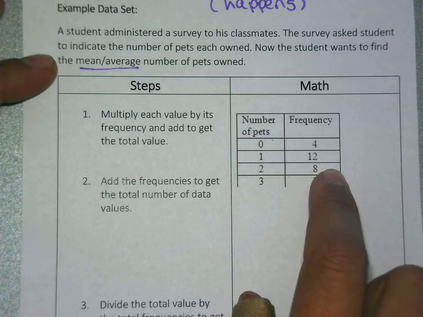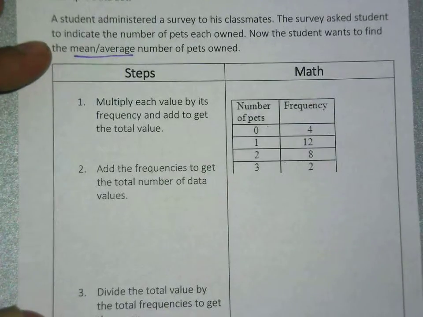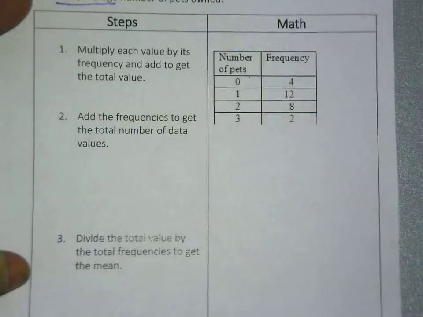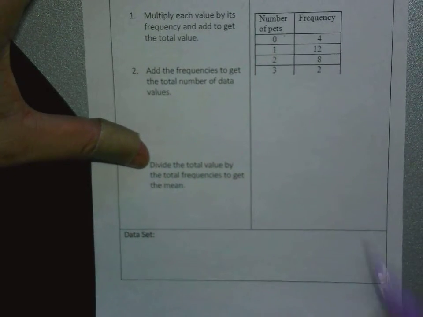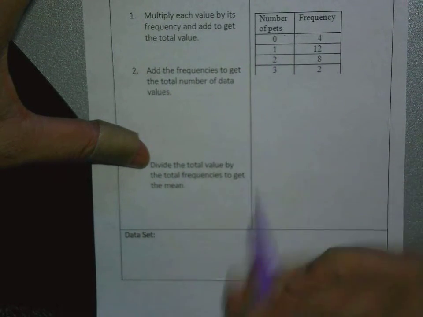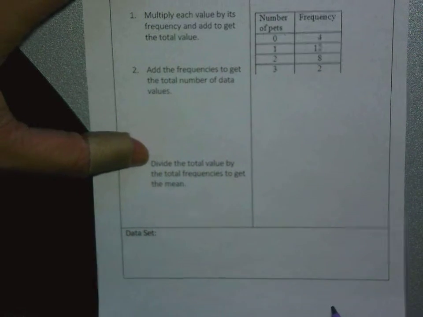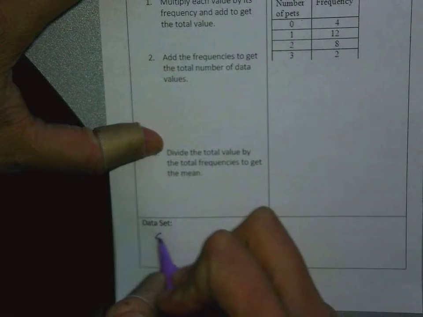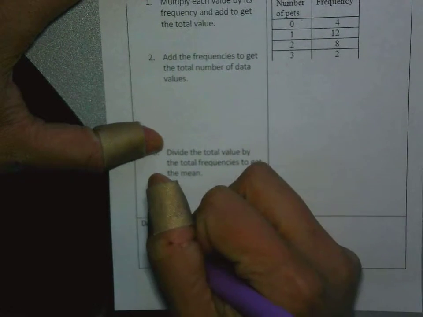To show you what that would look like if it was not in a frequency table, we will write the data set down below. So if we didn't have it in this format and we wanted to write it like a data set that we've been used to writing, we would write it like this. We would write the number 0 4 times.